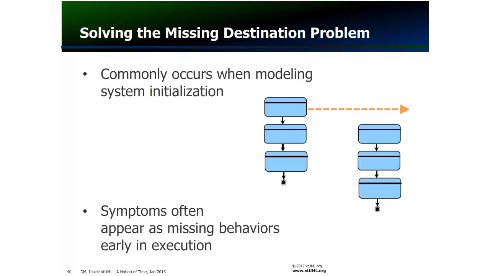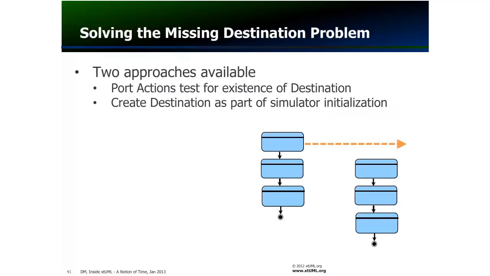Often this is very early in the execution of the model, and there are two approaches available to avoid this race condition. The first approach is to include in the port action block of the destination component a test that confirms the existence of the destination instance, while the second approach is to perform all instance creation as the first stage of a component initialization.